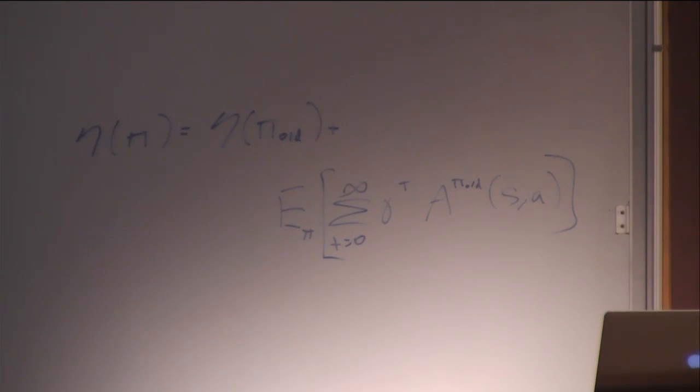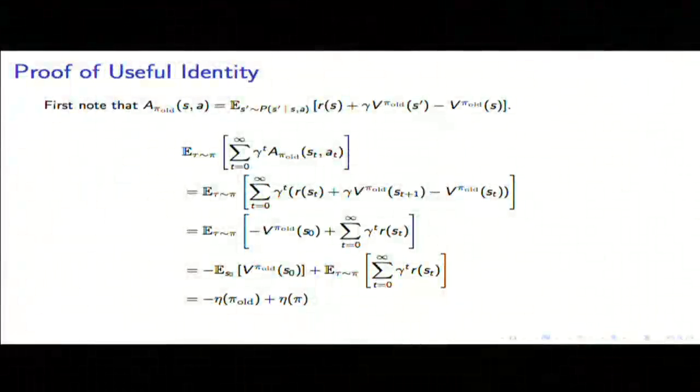So each advantage term can be written as reward plus gamma times next value minus current value. So we start off with that sum. We write it in terms of the value functions. And then we realize that we have a telescoping sum. If you write out all these terms, you realize that most of them cancel out because state t plus 1 appears in this term and also the next time step.